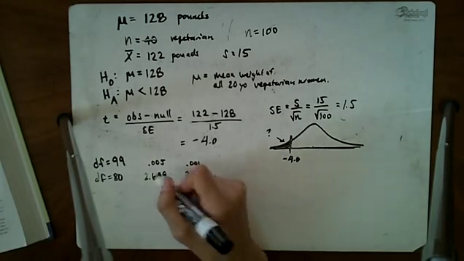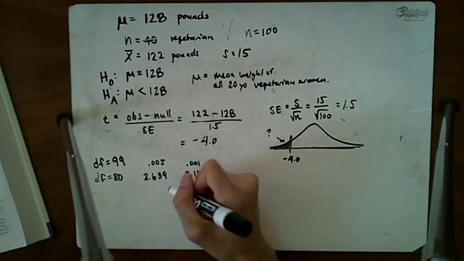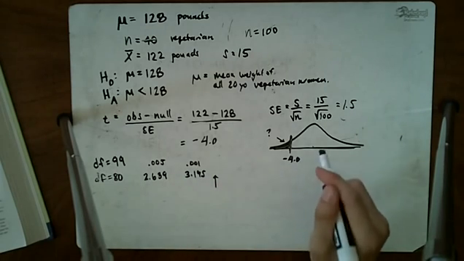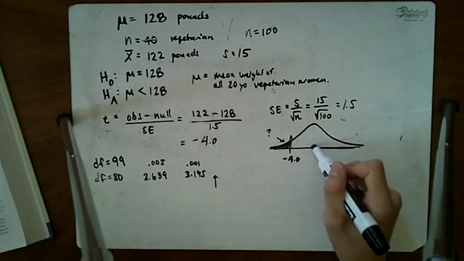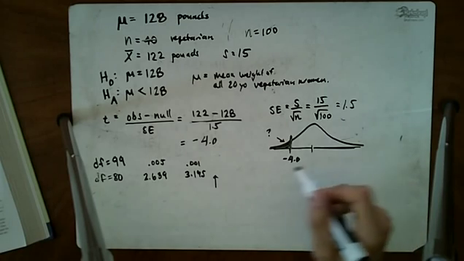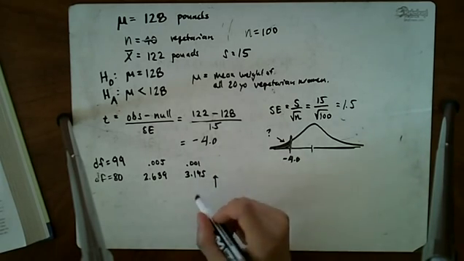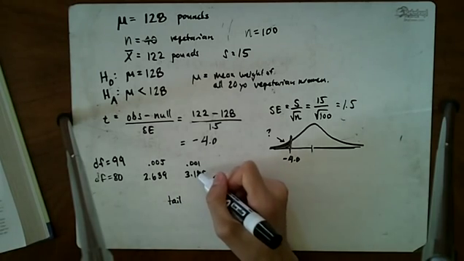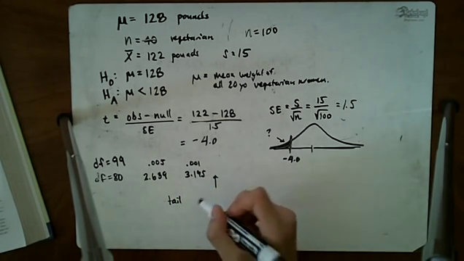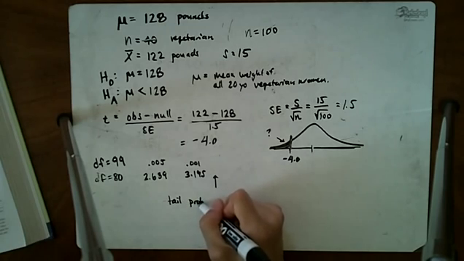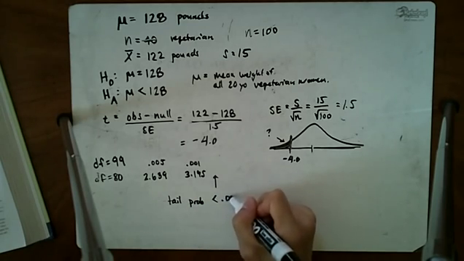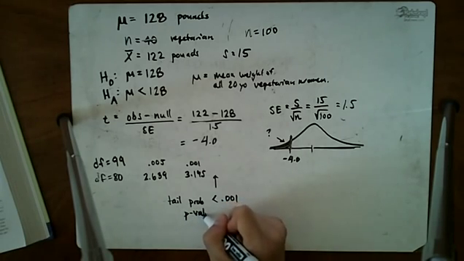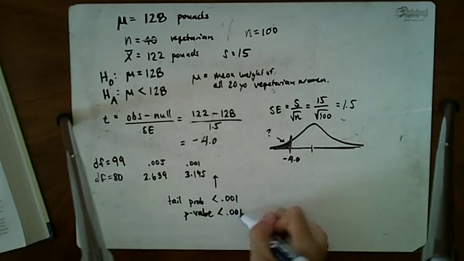Okay, if you're using a different t-table, all you see is that this 4 is very far away. We're 4 standard errors away from the mean, which just means we're very far away. So it's our p-value, whatever it is, our tail probability. In this case, because I'm using my table that goes out to 3.195, I just know that my tail probability is going to be less than 0.001. Okay, so my p-value is less than 0.001.